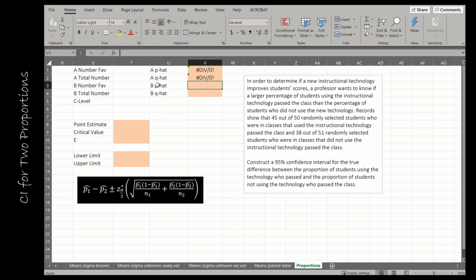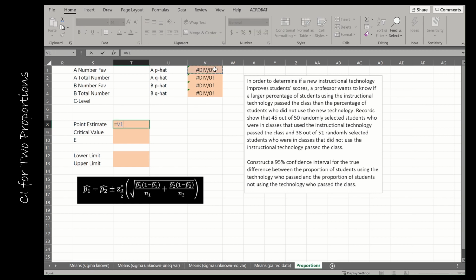And then for my second sample, I'm going to do the same thing, number favorable divided by the total number. And then for 1 minus P hat, I'm just going to subtract that from 1. Now, the point estimate is going to be found by taking the difference of the P hats, P hat 1 minus P hat 2. So that's all I'm going to do here is subtract.